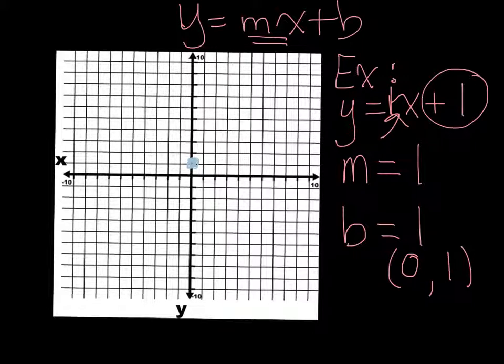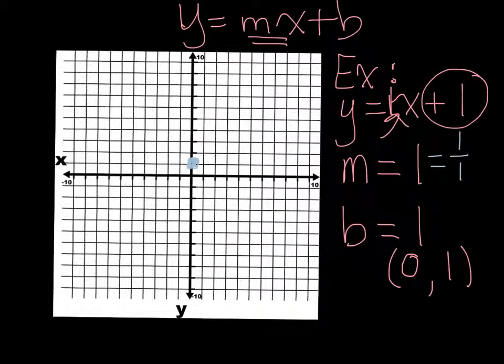So since my slope here is just 1, I need to make that a rise over run. So whenever you have a whole number, you can put it over 1, and now it's in a fraction form, and I can use it to guide my rise over run. So here I'm going to rise 1, run 1.